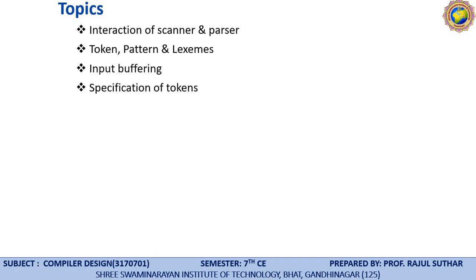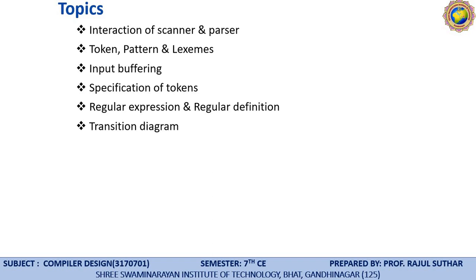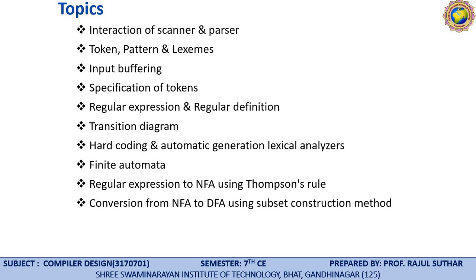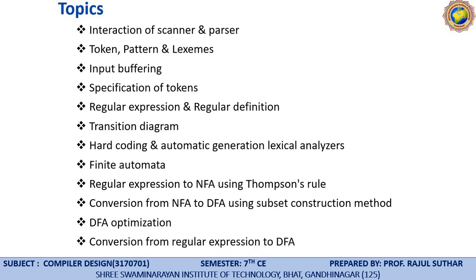Then we will discuss the specification of tokens, regular expression and regular definition, transition diagrams, hard coding and automatic generation of lexical analyzer, finite automata, regular expression to NFA using function rules, conversion from NFA to DFA using subset construction method, DFA optimization, and conversion from regular expression to DFA.